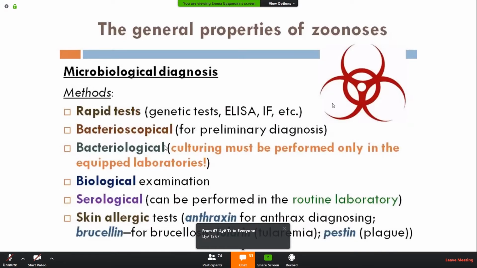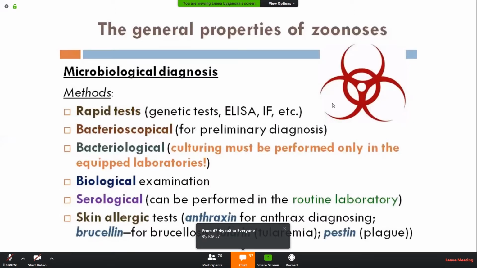Bacterioscopical examination can be done for preliminary diagnosis and for such infections that are caused by bacteria with a specific morphology and tinctorial properties, as we discussed before. Bacteriological examination can be performed in specialized, equipped laboratories, and for those parasites that can be cultured at all.